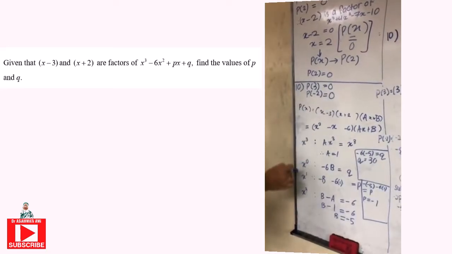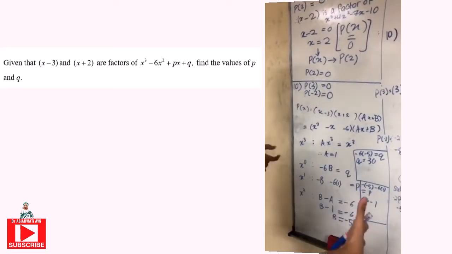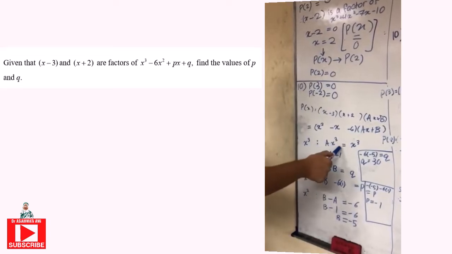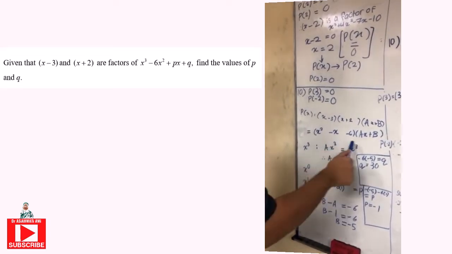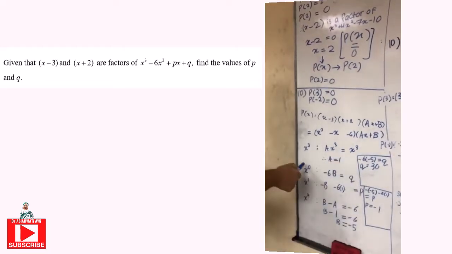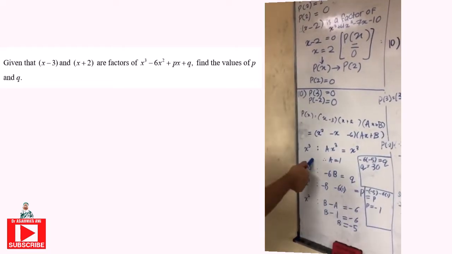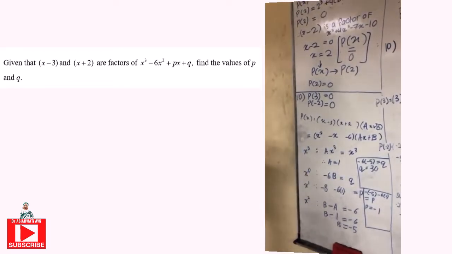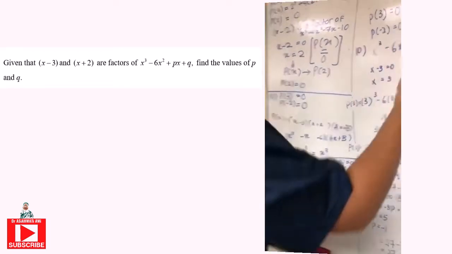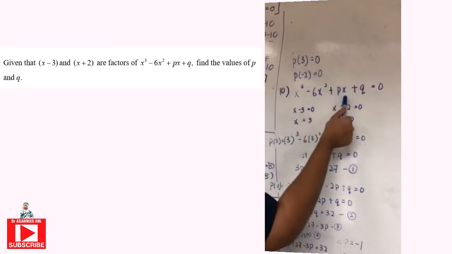Semuanya kat sini dah simplify banyak cara. So bila kita compare, kita akan dapat a equal to 1 sebab x square divide x square kita dapat 1. So kita compare pula x to the power 0. X to the power 0 kita dapat dari mana? X power 0 tu senang kata constant. Constant tu sebenarnya yang tak ada x. Semua ni tak ada x, cuma ada q.